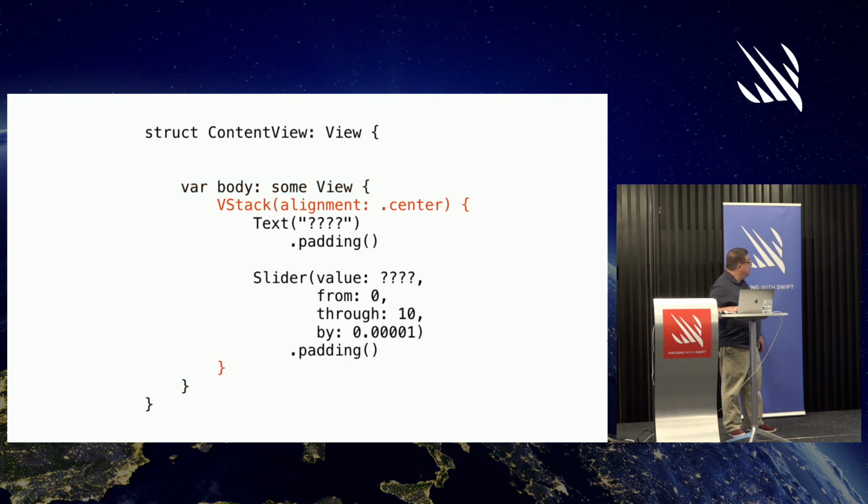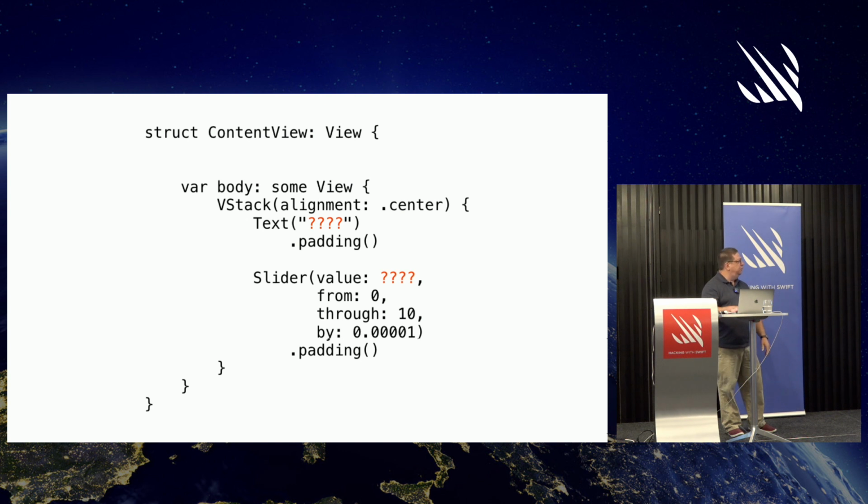It's a VStack, and the VStack contains that text where it's displaying something, and it contains a slider that's adjusting things, and the slider goes from 0 to 10, and it goes by some ridiculous increment so that we see updates. But in UI views, in UI view controllers, we use outlets and actions, and so the slider could send a message to the label saying, update you. These things don't even have names. How do I tell the text view, here's what you display, and the slider, here's what you adjust?